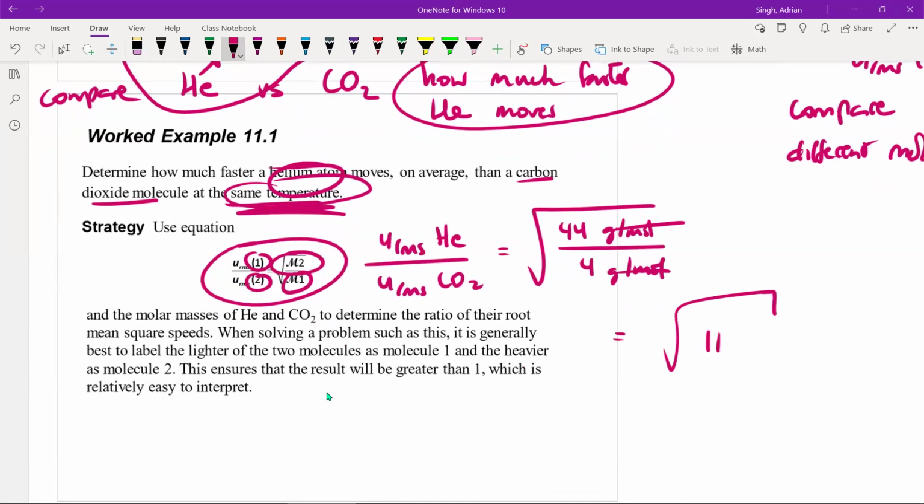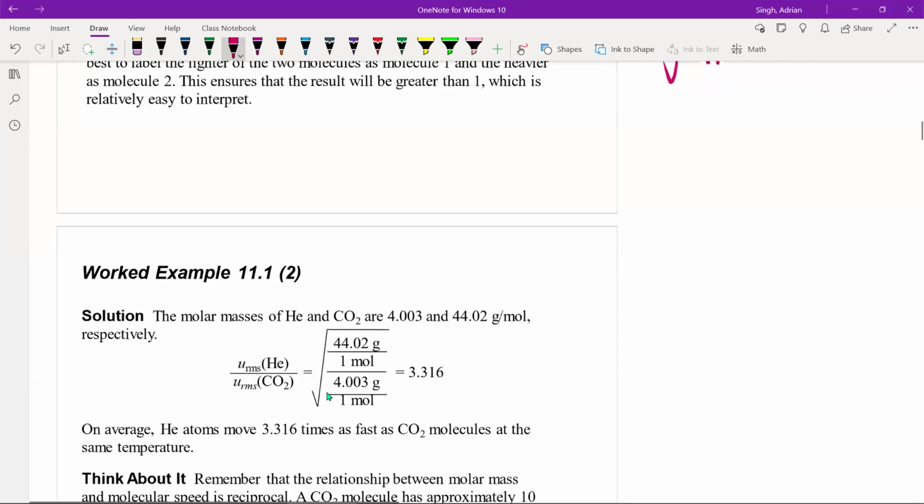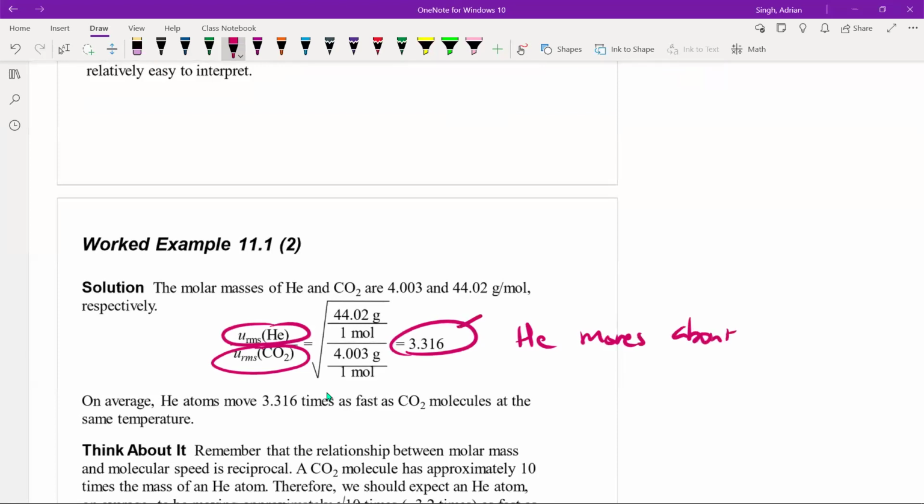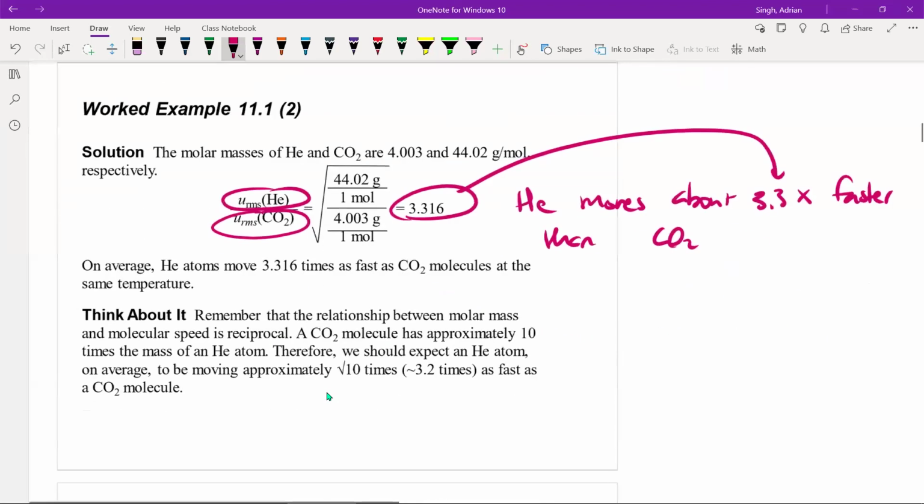Just about. All right, so we end up with something like 3.316. So what this tells us is that the helium moves about 3.3 times faster than carbon dioxide.